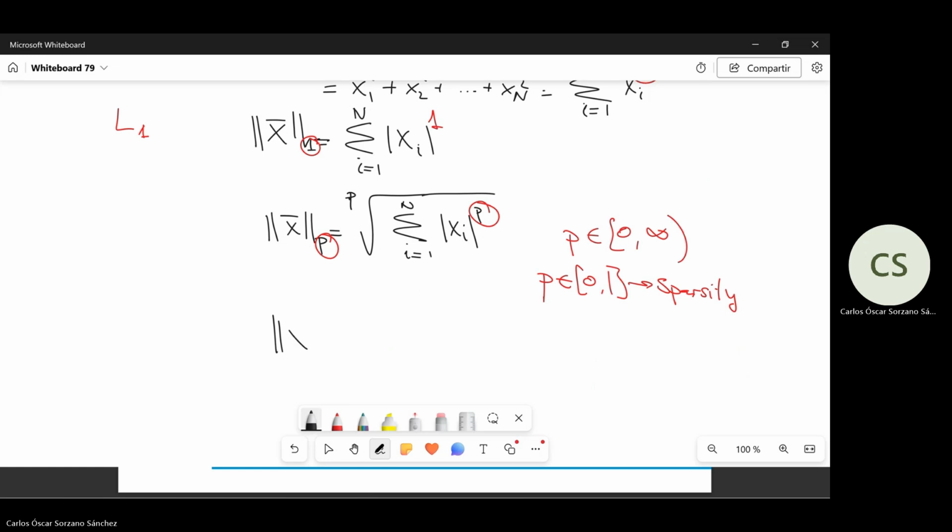And you can see it somehow for the infinity norm. So it is the limit when p goes to infinity. And it can be shown that it is the maximum of this set.